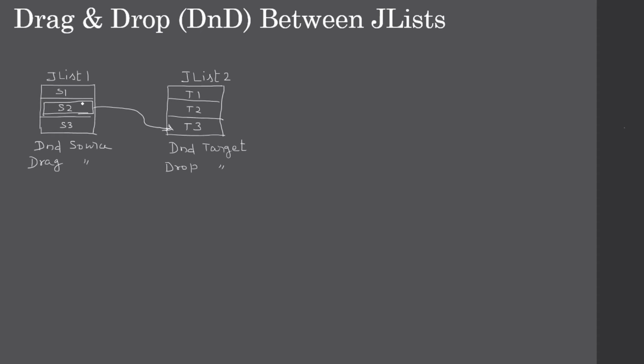It depends on where the selection happens and where the mouse drag ends by dropping that selected item. So that defines drag source and drop target. Let's say we selected item T1 here and moved it to JList 1. Then JList 2 becomes the D&D source and JList 1 becomes D&D target.